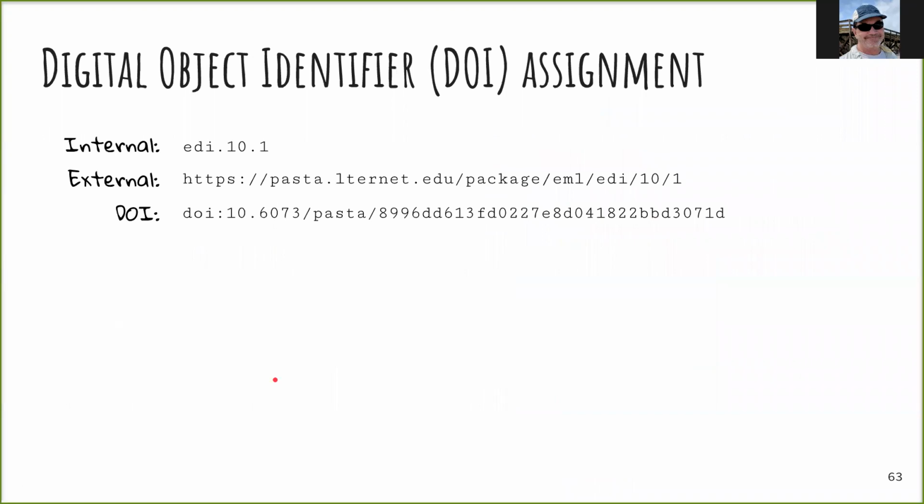Digital object identifier assignments are based on our identifying scheme. At the data package level, we really have three different types of identifiers within our system. We have what I've been talking about up to this point, an internal identifier, which is based on that three-part scope, identifier, and revision pattern. We have external identifiers, which are more common. They're based on a URI pattern, and this URI happens to look very much like a URL.